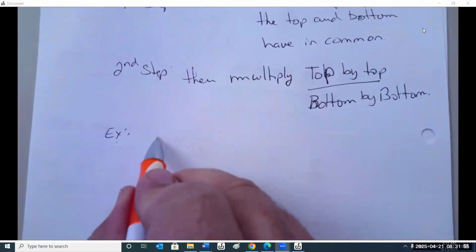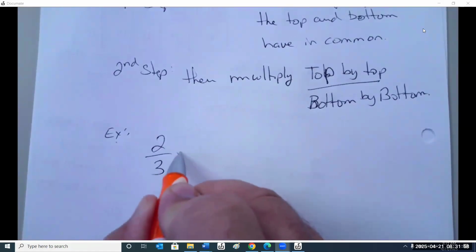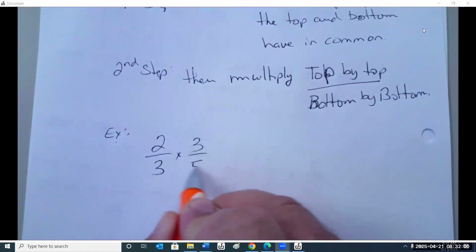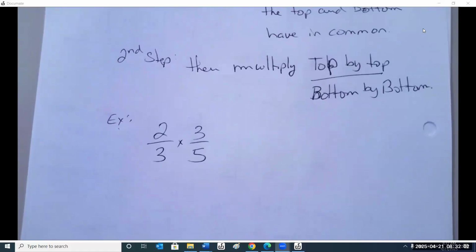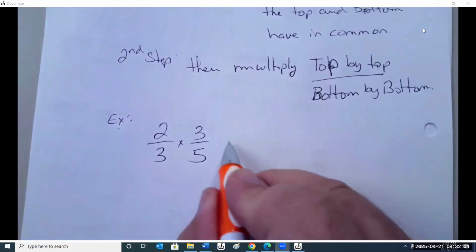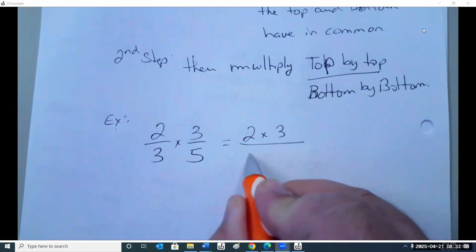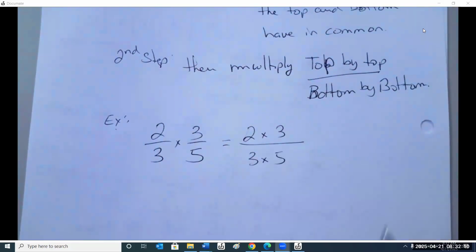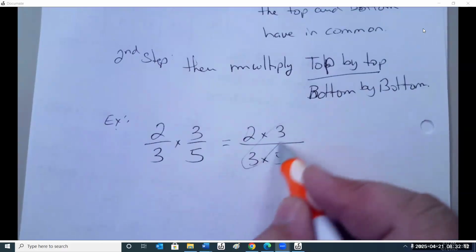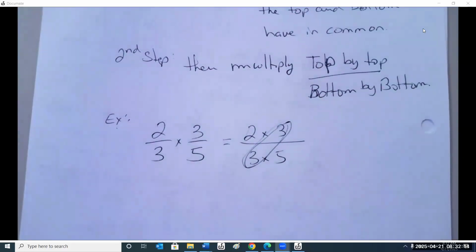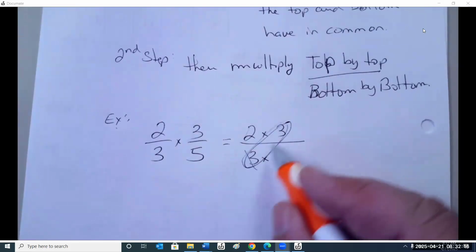Example. 2/3 times 3/5. We see they both have a 3 in common. Get rid of them.